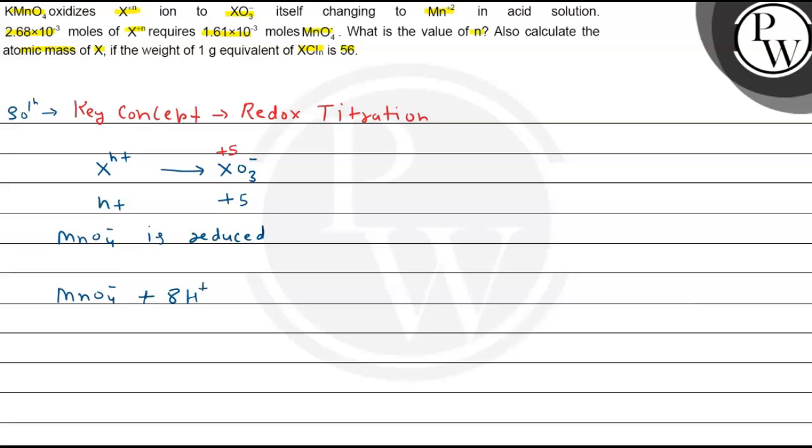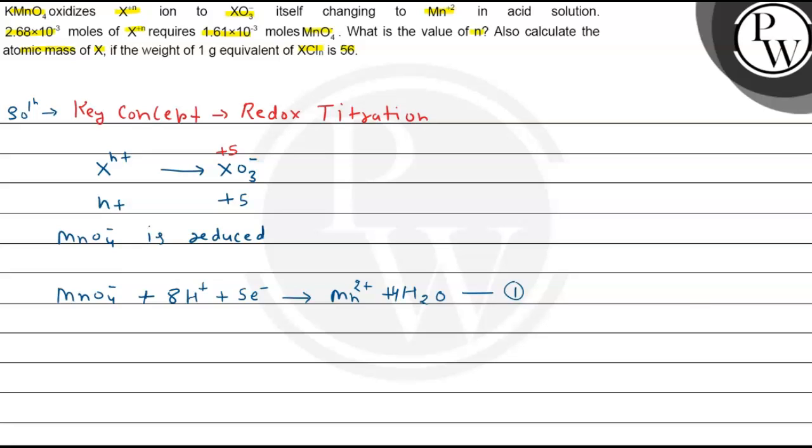It is the balanced equation. So it is 8H+ plus 5 electrons, which are changing into Mn2+. It is also given in the question. Plus we have to add water here, H2O. To balance the equation, we have to multiply H2O by 4. So we will consider this as our first equation.